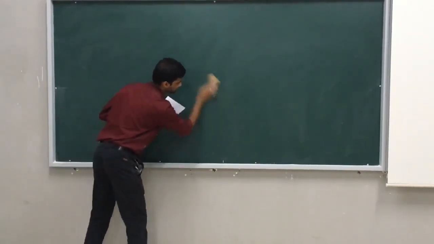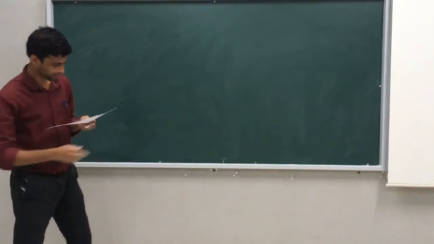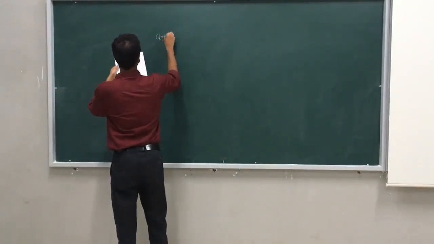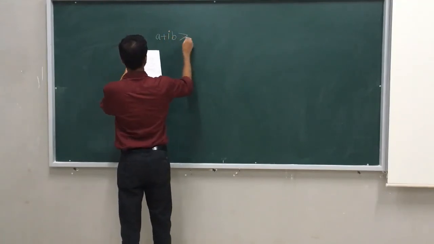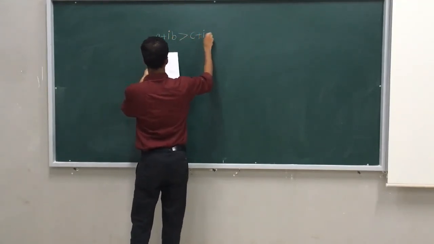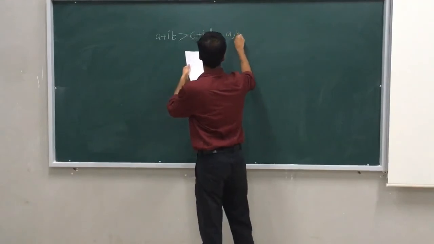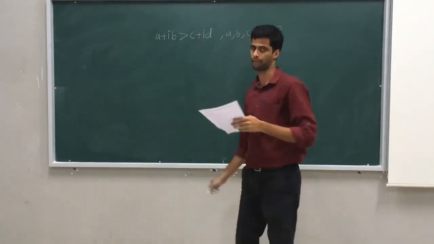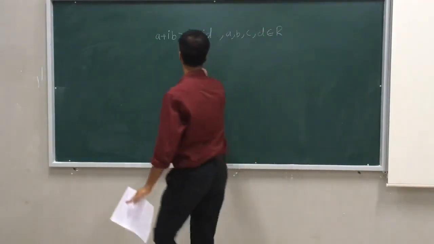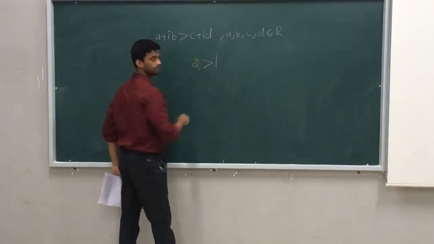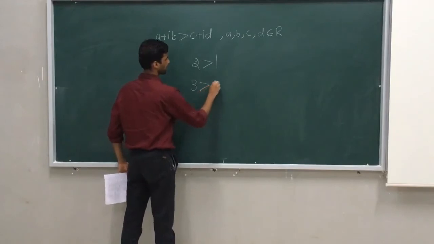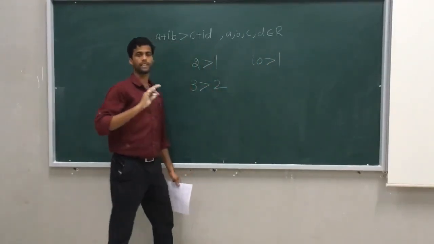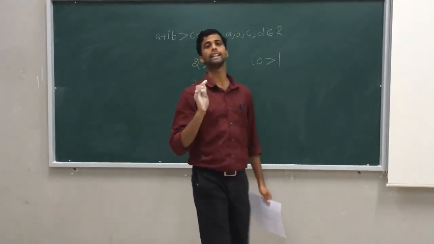Let's move on to question number 25. a plus ib greater than c plus id, where a, b, c, d belong to real numbers, is meaningful only when, one thing keep in mind, in real numbers 2 is more than 1, 3 is more than 2, or 10 is more than 1, but there is no such thing in complex numbers.